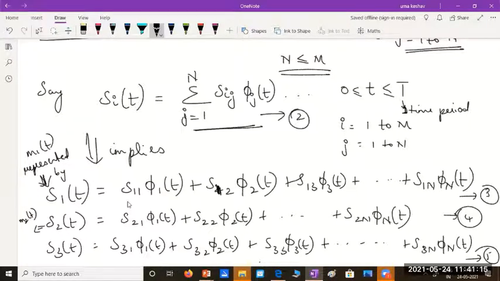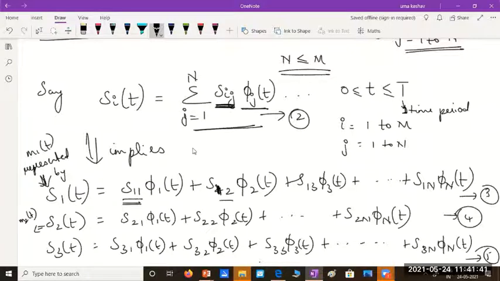So how do I represent these coefficients S11, S12, S21 and all? I'll call the coefficients Sij. And every time these coefficients Sij get multiplied with the orthonormal basis functions phi j, and we sum up the product terms for j varying from 1 to n.